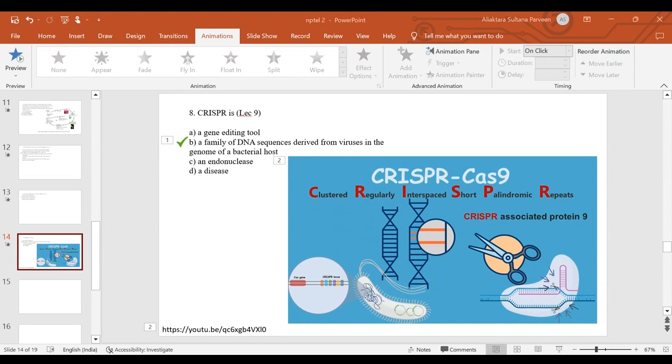So how it is coming: it's a bit of an immune system for bacteria. Whenever they get infected with some kind of virus, if they're able to defend against that virus successfully, they not only defend, they also take or cut a specific part of the viral genome and integrate that sequence into their own genome.